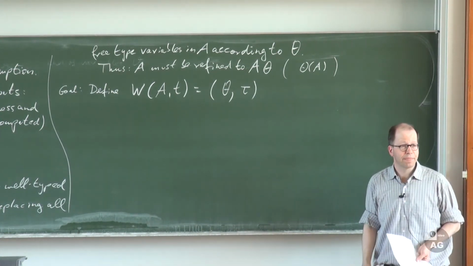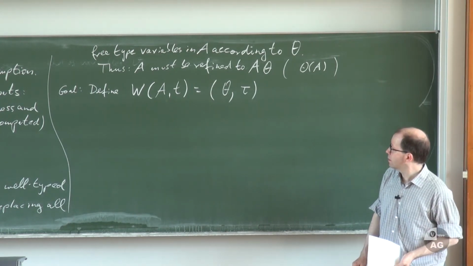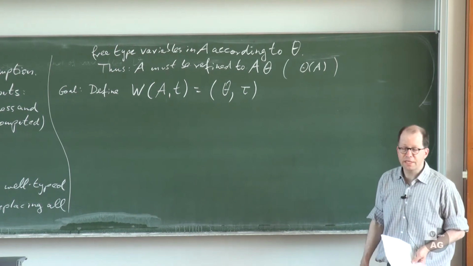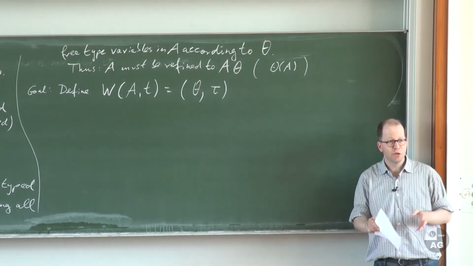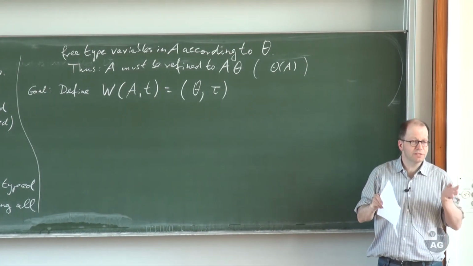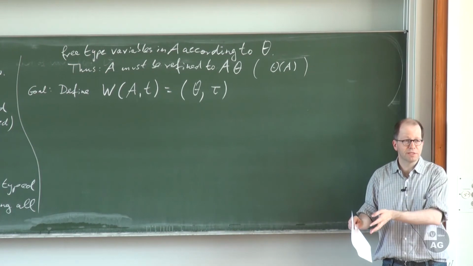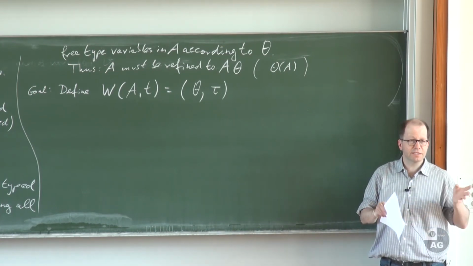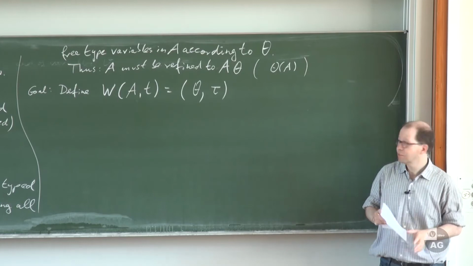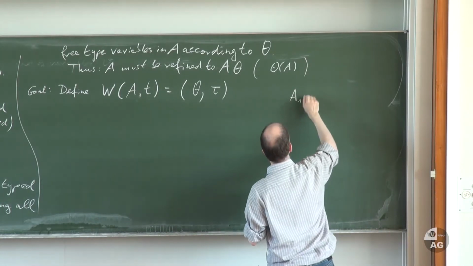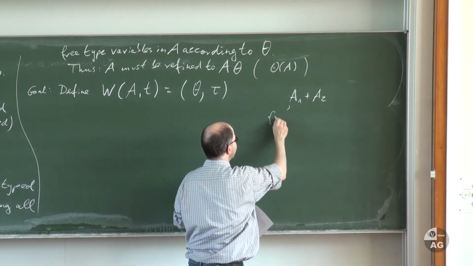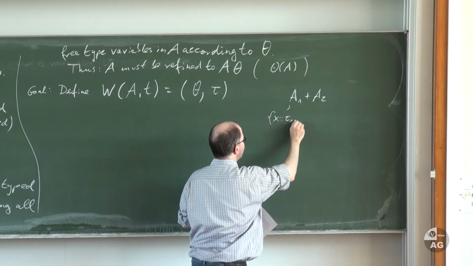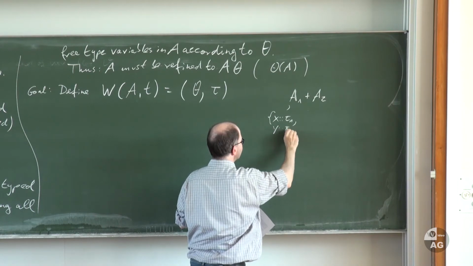Yes? What's the difference between A theta and A plus theta? You define this plus operation for that. Yes, but I defined the plus operation for type assumptions. A type assumption is a function which maps constants and variables to type schemata. And I can extend this function by another function. So I can write something like A1 plus A2. And this, for example, might say x has the type tau1 and y has the type tau2.